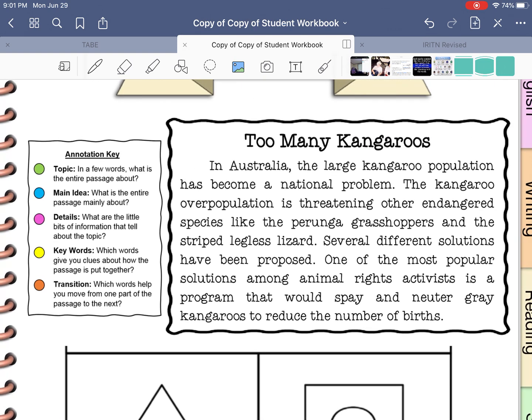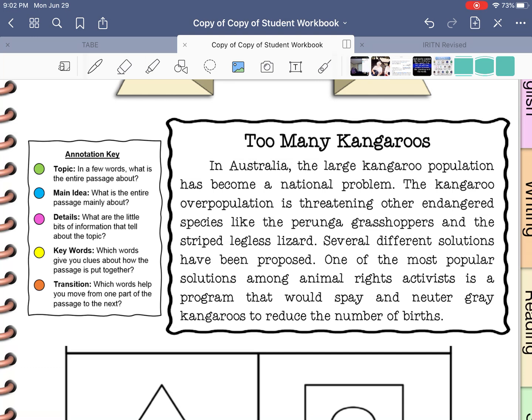We're still continuing about the kangaroos. That's sort of a story that we've been working on for a while. So remember, your annotation key helps you to know the colors that we're using for each one of these. So this passage is called Too Many Kangaroos. In Australia, the large kangaroo population has become a national problem.